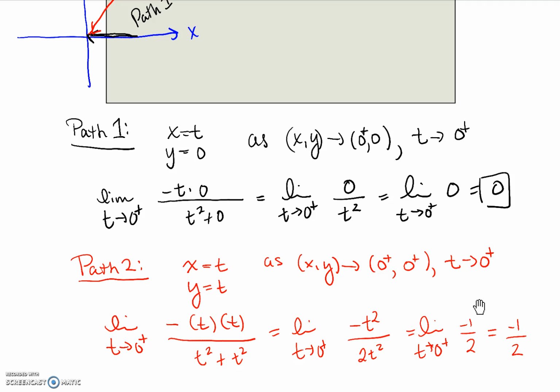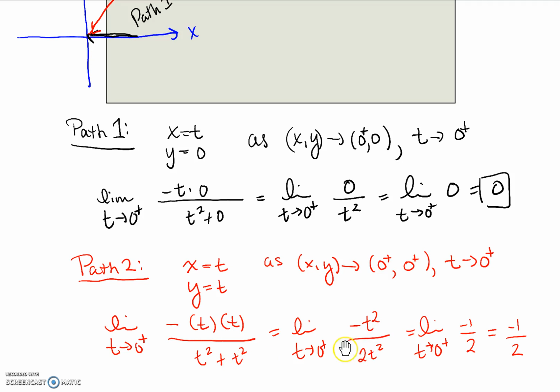So what this does is allow me to rewrite my limit. Instead of having the limit as xy approaches 0, 0, I am going to have my parameter t. So the limit as t approaches 0 from above. And I replace x with t and y with t. So I have negative xy over x squared plus y squared.